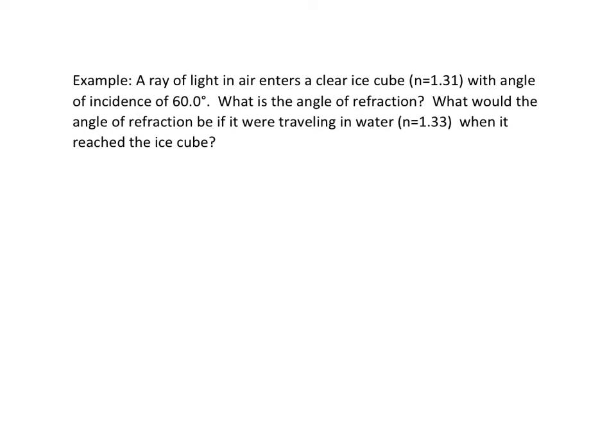So let's draw our diagram. Here's our change in medium and the normal line. We're going from air into an ice cube. Air is always going to be your faster medium because air is essentially a vacuum.